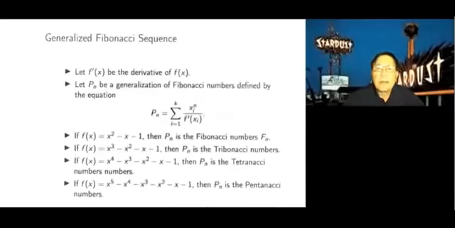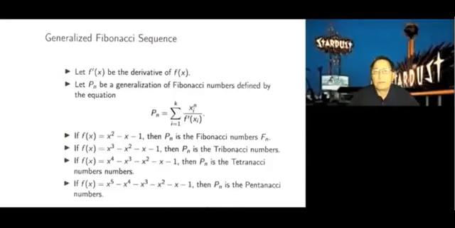In the next slide, I will show a generalization of Fibonacci numbers, which involves the derivative f'(x) of f(x). P(n) is equal to a sum of nth powers of the roots xi divided by the value of the first derivative at xi.